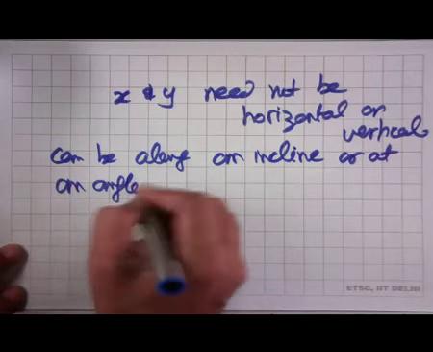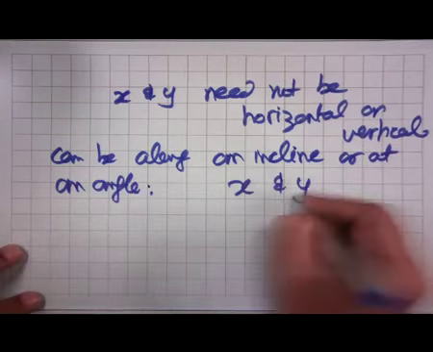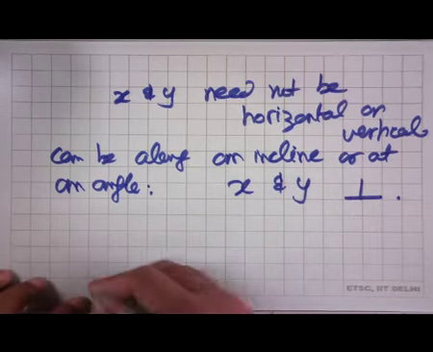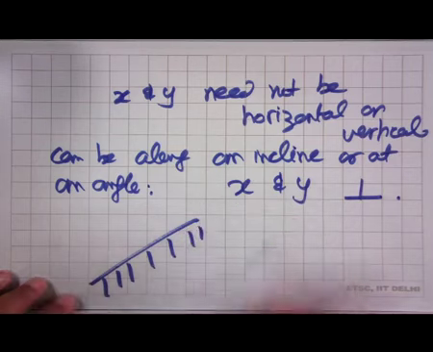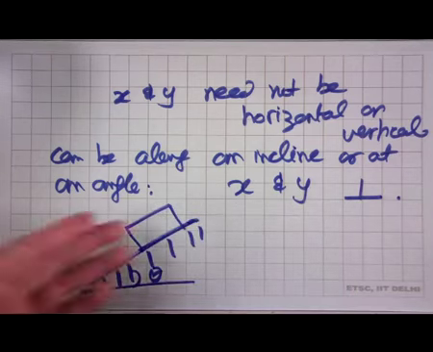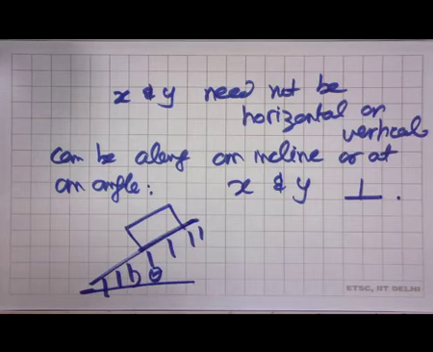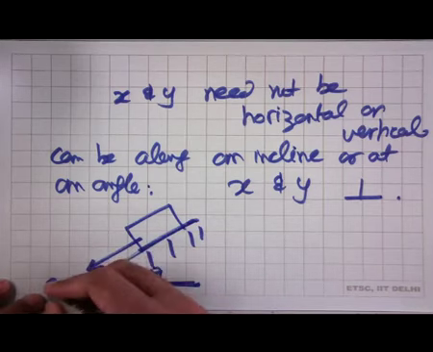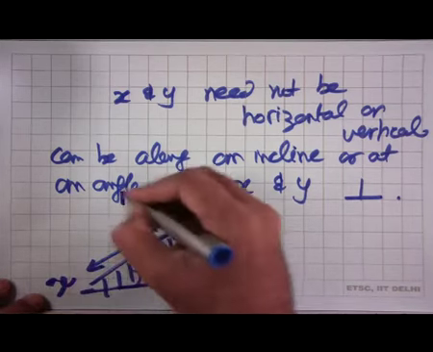Only thing we have to ensure is that x and y have to be perpendicular. So for example, if we have a problem of a block lying on an inclined plane which is at an angle theta from the horizontal, we could choose, for example, x like this, y like this.